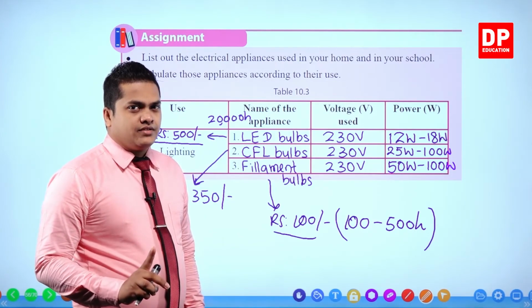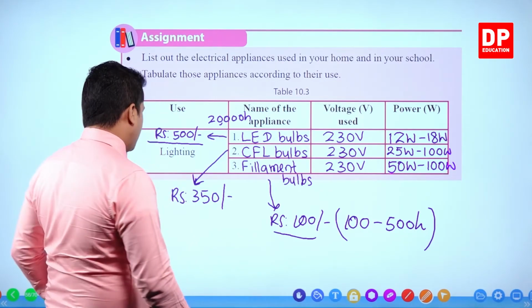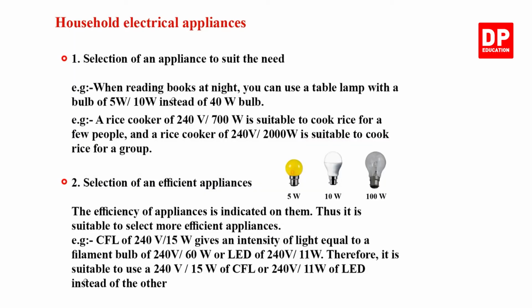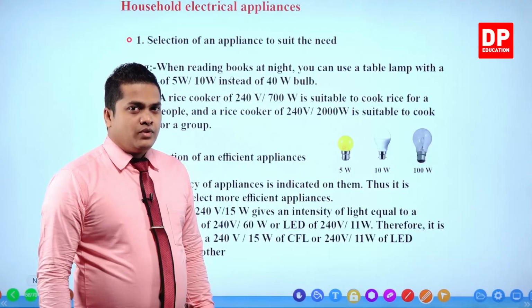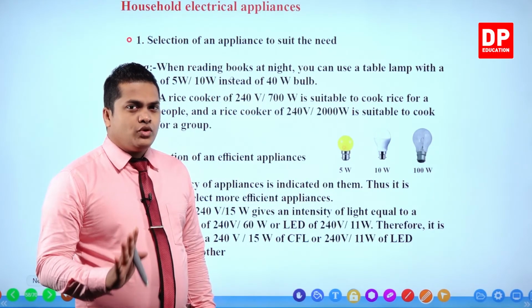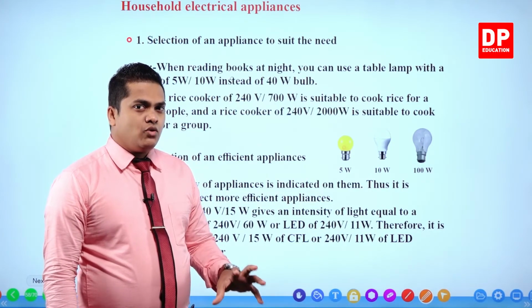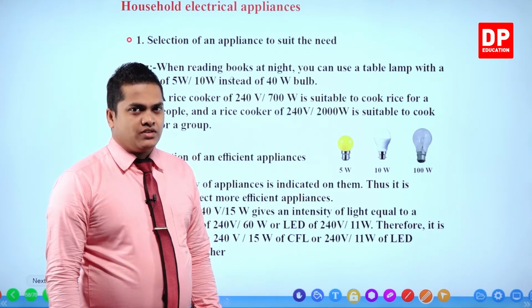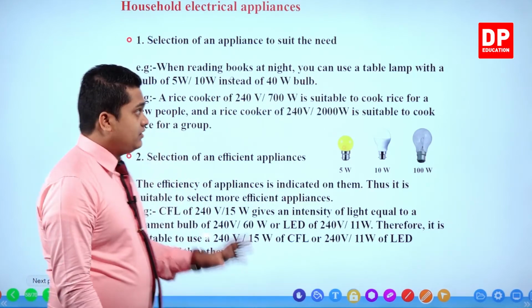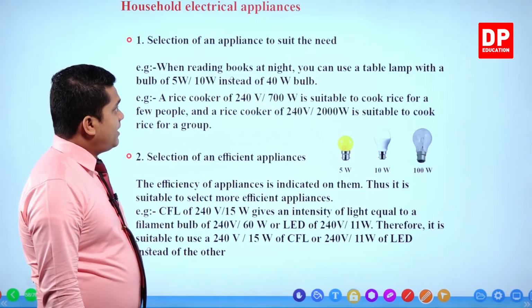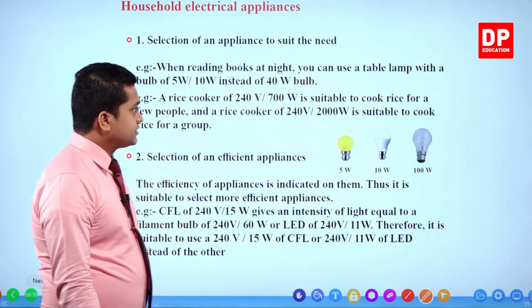So my dear children, now we are coming to the next slide. Here we are discussing how to use our electric appliances conveniently and how to select these instruments. Under that, number 1 is selection of an appliance to suit the need.